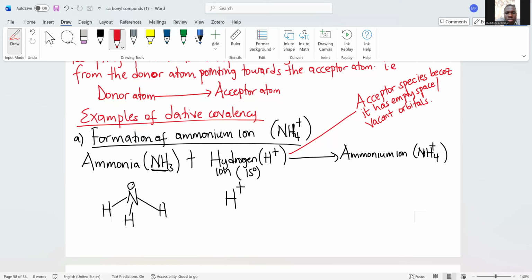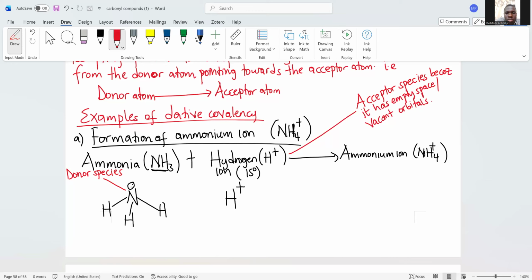Then I'm saying that this nitrogen within ammonia is the donor species. Why? You have looked at that structure which was made in class and convinced yourself that nitrogen has lone pairs of electrons, the ones that are not used, in the outermost shell of nitrogen.